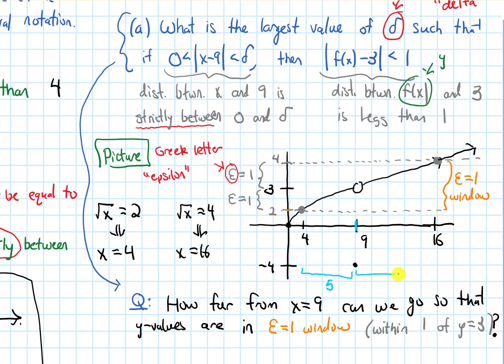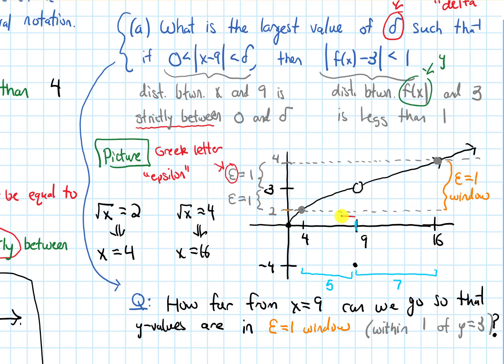If I start at 9 and go all the way to the right edge of this epsilon equals 1 window, from 16 to 9, that distance is 7. So I need to now know what is the biggest distance I could go from 9 in either direction that will guarantee that I stay within this epsilon equals 1 window. And it has to be in either direction.